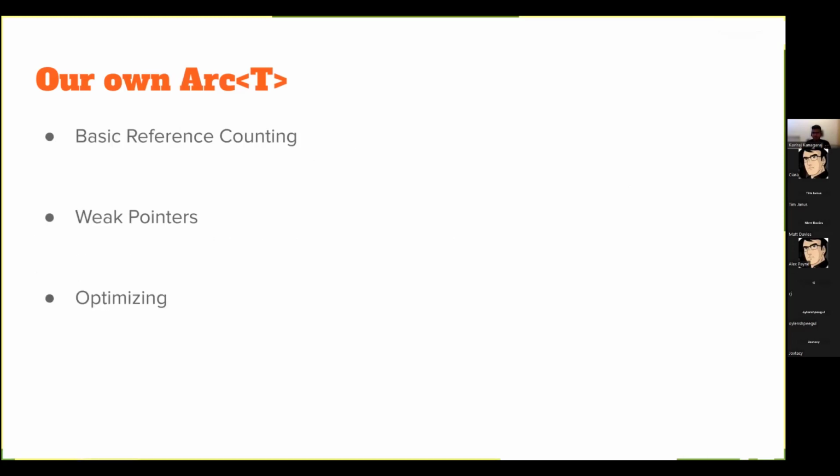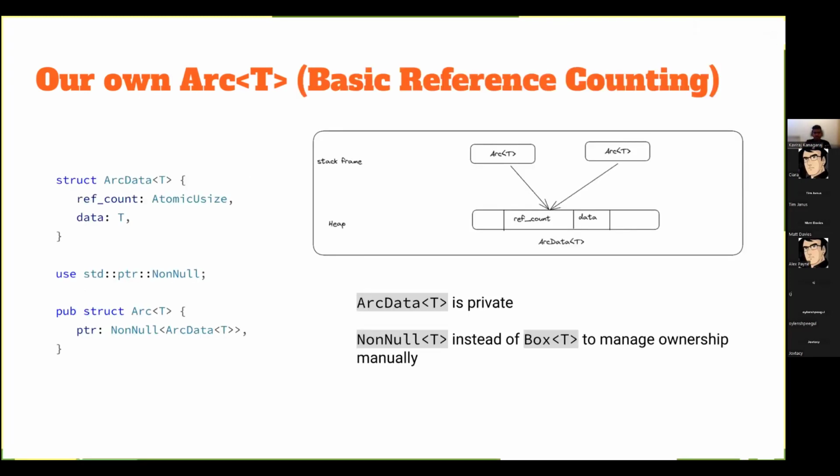So we have three different versions of Arc we'll build. We start simple, and we gradually add features and optimize it. The first one is the simplest, the basic reference counting. So this is what it looks like. We have this thing called ArcData, which is what will be in the heap. It has the reference count and the actual data.